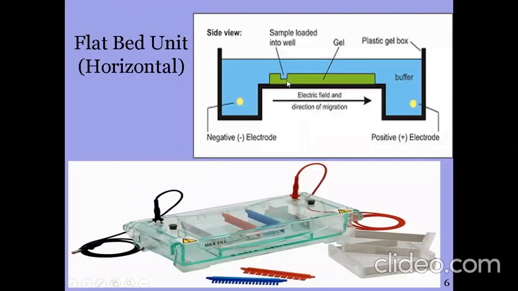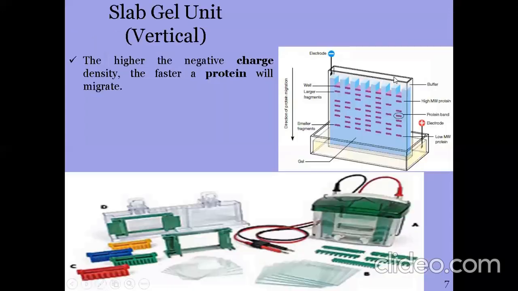DNA and RNA have low molecular weight, so they can move through the electric field. But for proteins, we need the extra effort of gravity, so we make the setup vertical, and through the vertical gravitational pressure the proteins can be separated.